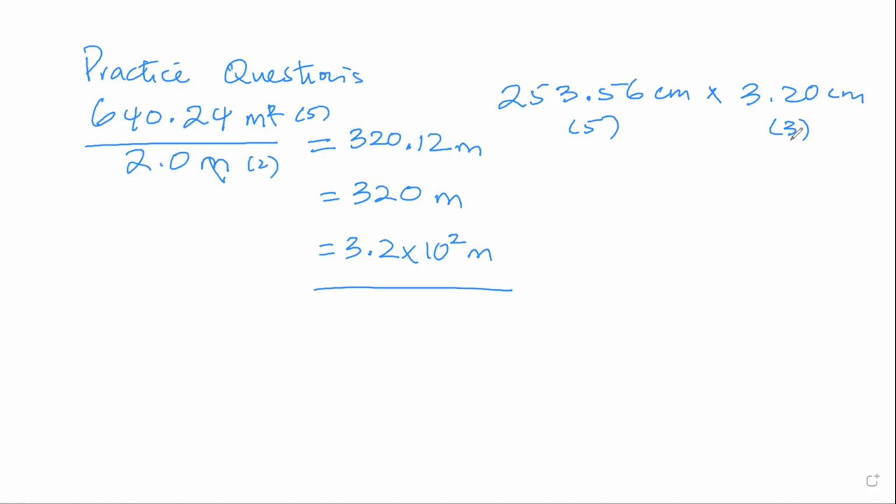Then that will be 811.392. We multiply the units also. Then this is 5, this is 3. The answer will be to 3. So we round to 811 centimeters squared.